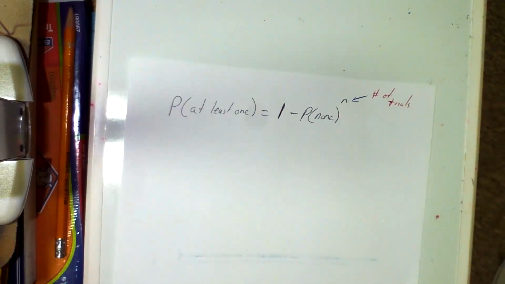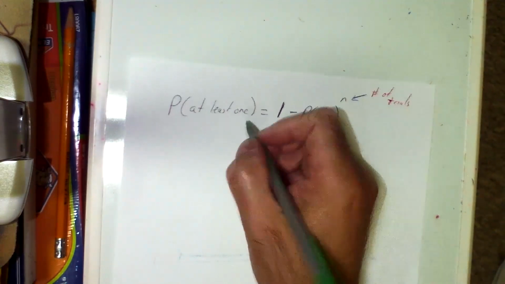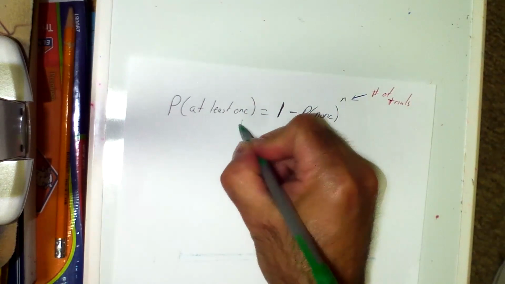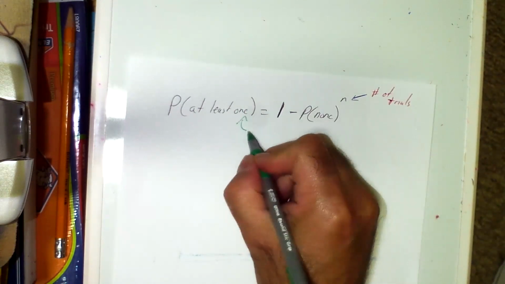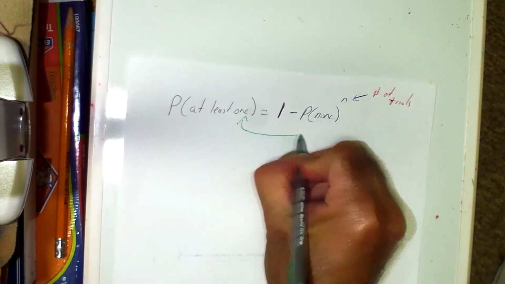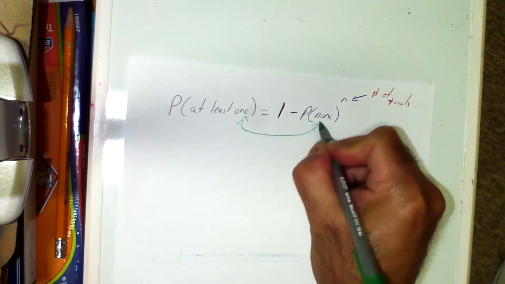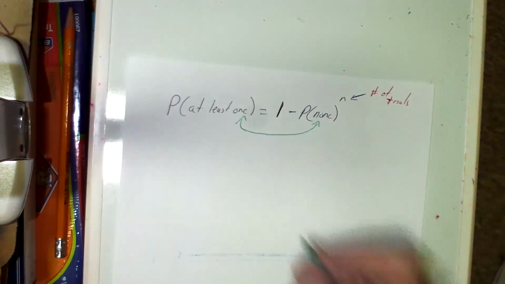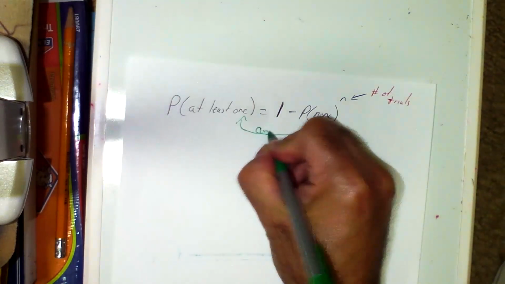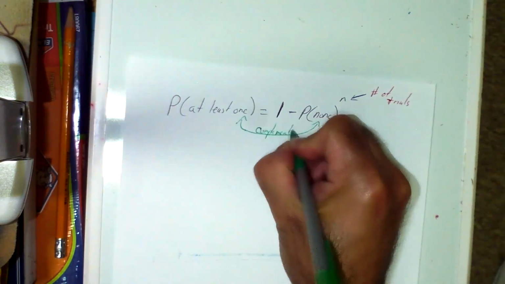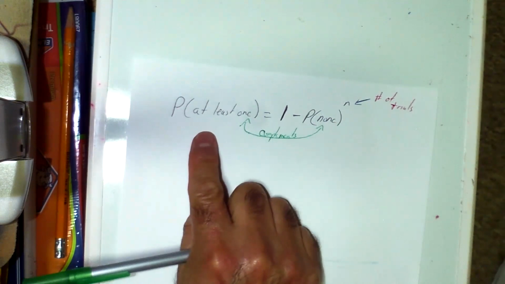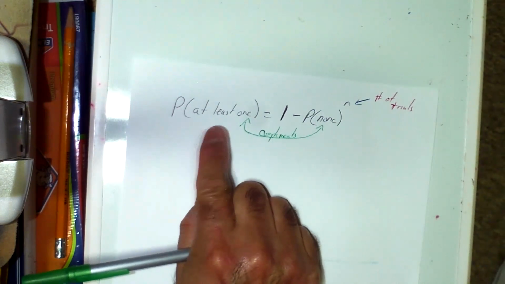I'm going to point out something else too, is that the item that's in here and the item that goes on the right there are going to be complements of each other. So let's say this says at least one boy.